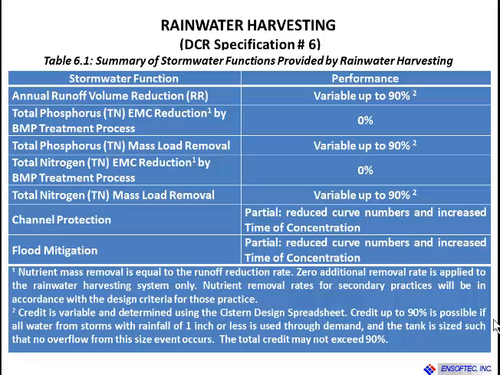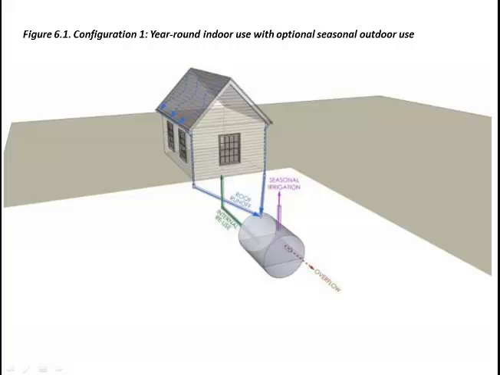The contributing drainage area, CDA, to the cistern is the impervious area draining to the tank. Drainage from rooftops and, with appropriate treatment, parking lots and other paved areas can be used subject to the approval by the locality. The DCR specifications give 3 configurations for rainwater harvesting. Configuration 1, year-round indoor use with optional seasonal outdoor use.